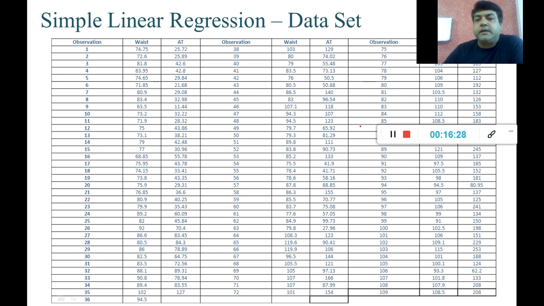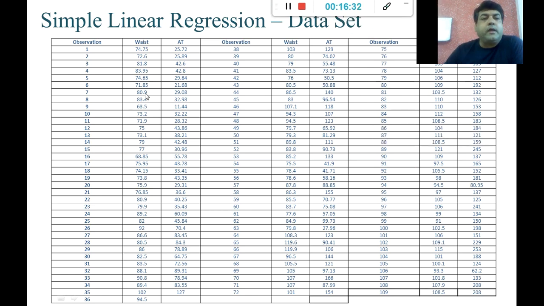Yes, so this is how the data is given to us. These are the measurements taken, okay, for 109 people. Okay, so you can see over here 109 people, and this data belongs to waist circumference, maybe in centimeters, yes, and this is the adipose tissue available in that person's body, or abdominal region to be precise, right?